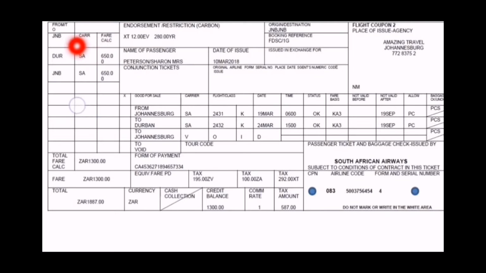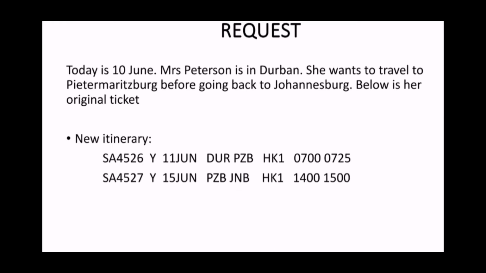We look at the original ticket as well to see how much we charged for the flight and how much she was charged for her taxes, how she paid for the taxes, which taxes were charged in the remittance area, and what was the total amount of money that she actually spent. So going back, we now know that the original ticket was supposed to be Durban, Johannesburg, Durban, but when she got to Durban, she decided she wants to go to Pietermaritzburg before going back to Johannesburg.